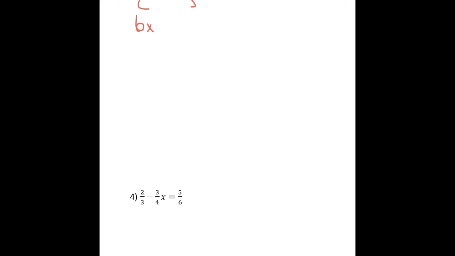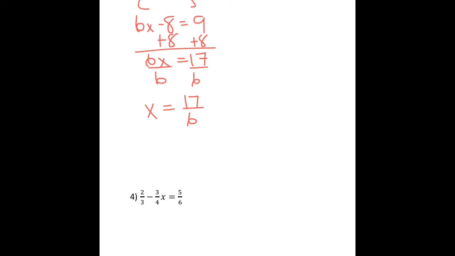I'm going to cross reduce. 3 will go into 12, sorry, 4 times. 2 times 4 is 8. 4 will go into 12 3 times. 3 times 3 is 9. So that's another way that you can do that. Add 8 to both sides. 6x equals 17. Divide both sides by 6. X equals 17 over 6.